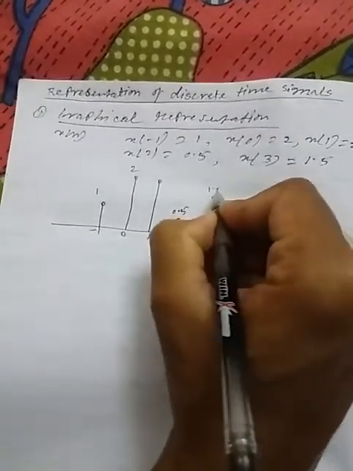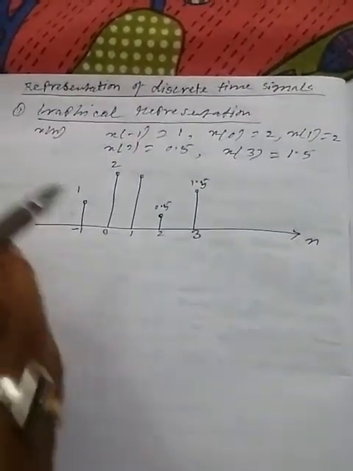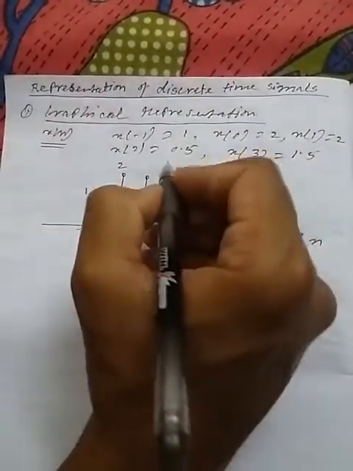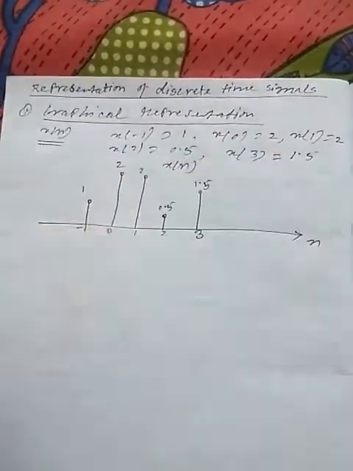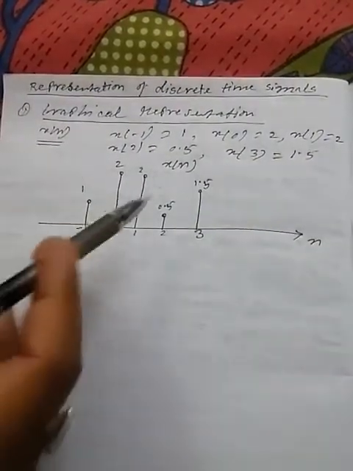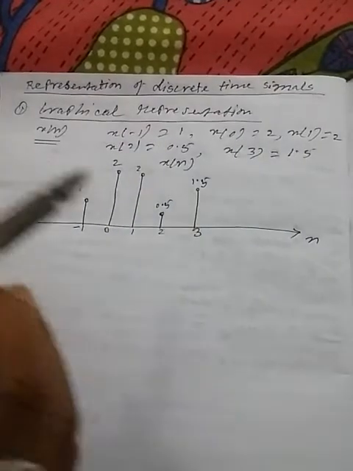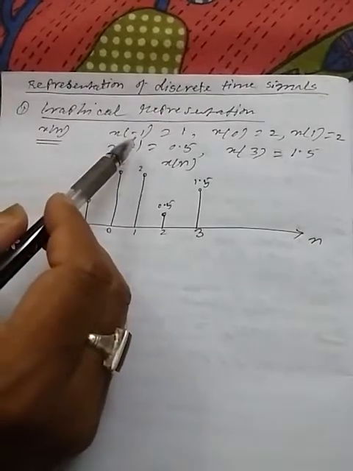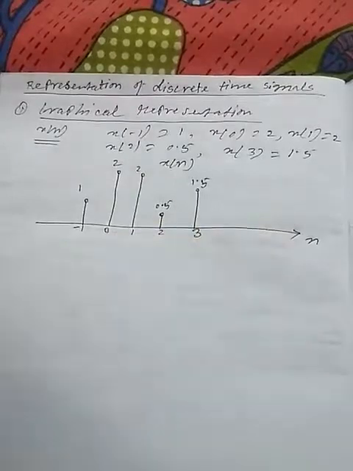So this is the graphical representation of a signal x[n]. Along the y-axis there is x[n] and along the x-axis there is n.